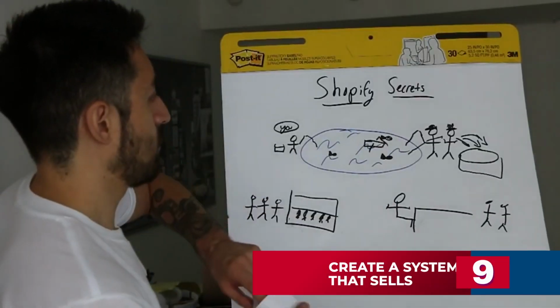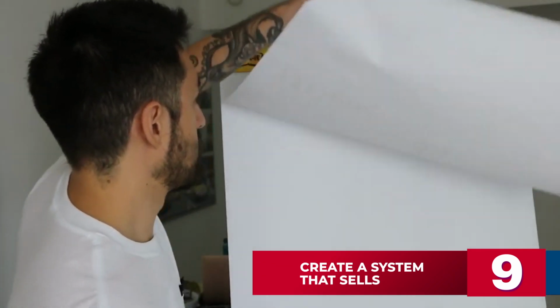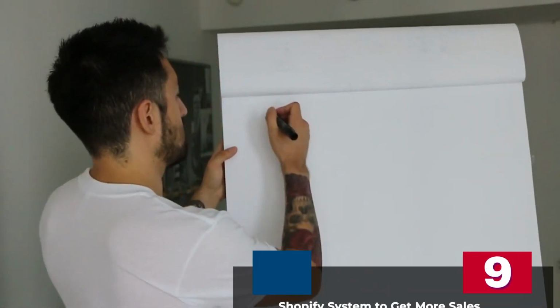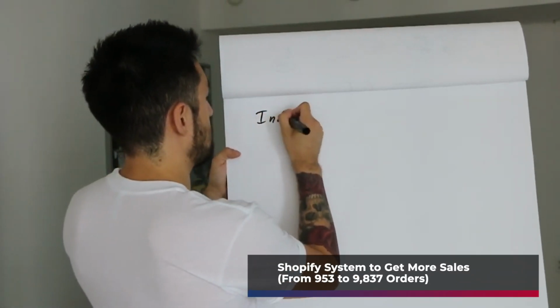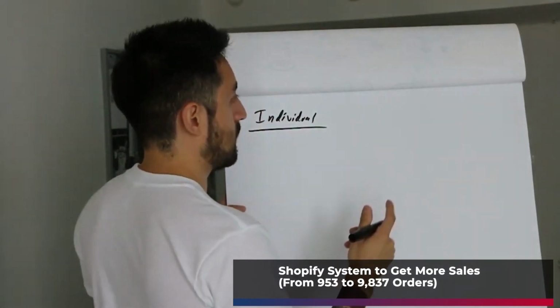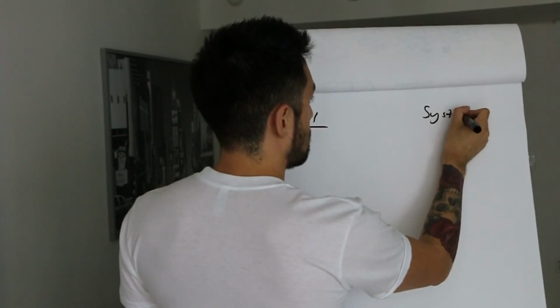Okay, so in order to make this transition happen, which I want to get into now, we're going to have to change our focus, right? So the individual seller, right? Versus a more systematic approach, okay?